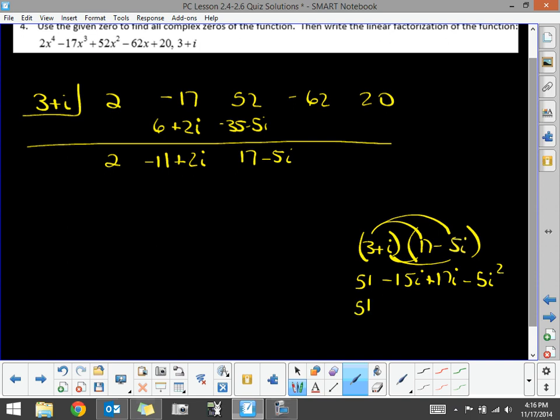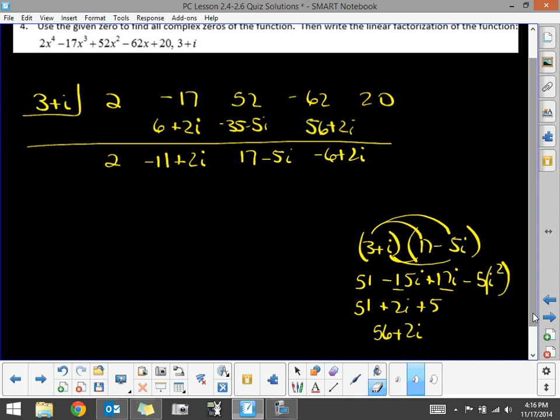So it's 51, then we collect our like terms, so plus 2i, and this is a negative 1 times a negative 5, or plus 5. That should give us 56 plus 2i. So that's going to go underneath our 62, so it's 56 plus 2i. We collect our like terms, and 62 minus 56 equals a negative 6 plus 2i.